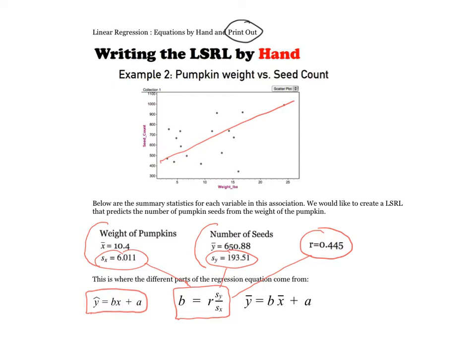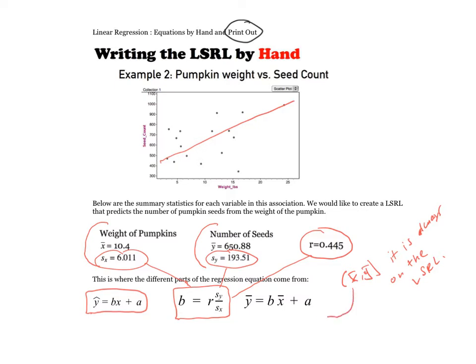Then we're going to use a fact that I'm going to tell you right now: if you plot the mean of the x's and the mean of the y's as a point, it is always on the regression line. The great thing about that is, if I know the mean of the x's and the mean of the y's, I automatically know a point that's going to be on the line.